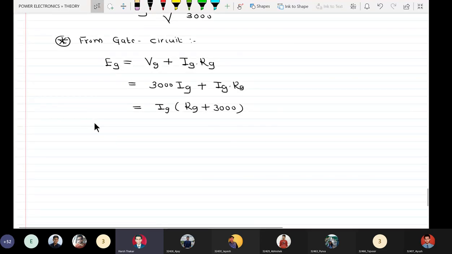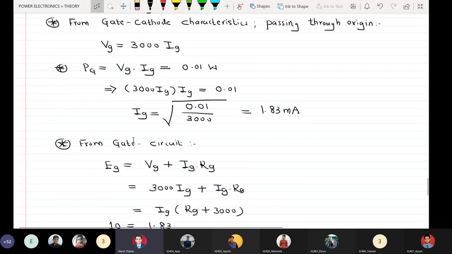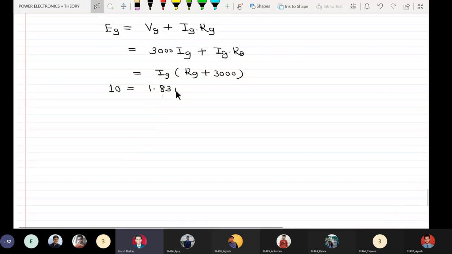So 10 equals 1.83 milliamperes times Rg plus 3000.